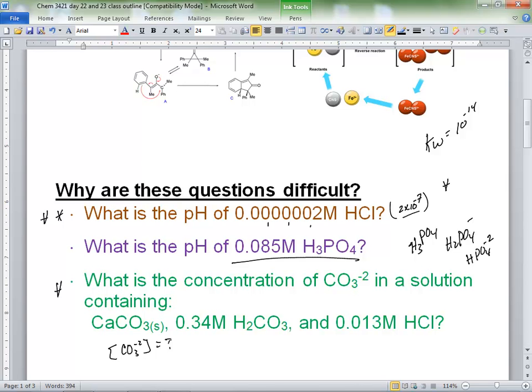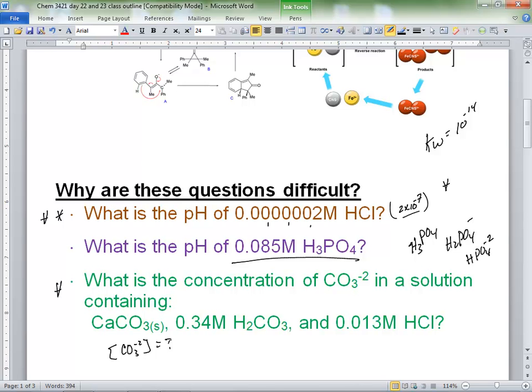If I could get rid of everything else and just talk about the solid, you'd say it's what type of problem? Anyone here? Ksp, right? If I could just worry about the solid. So I've got a Ksp equilibrium going on, and then I've got this other stuff. It doesn't look like it's tying up carbonate, but it is.